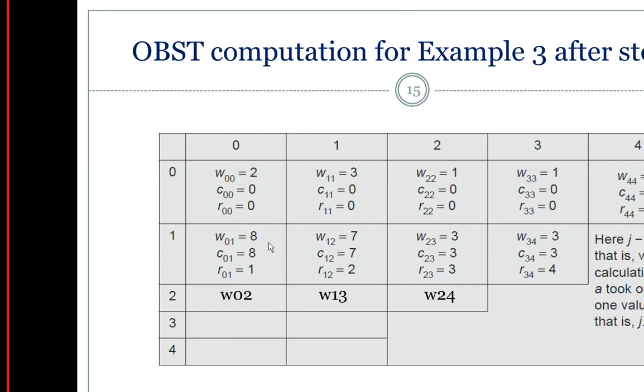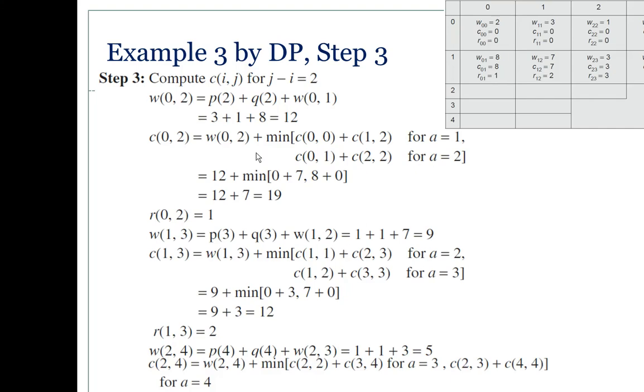Here in this box we'll find W of 1 3, R of 1 3, and C of 1 3, likewise. So we have to find out the value for these three boxes. Again apply the formula by using dynamic programming, and record the values in these three boxes.